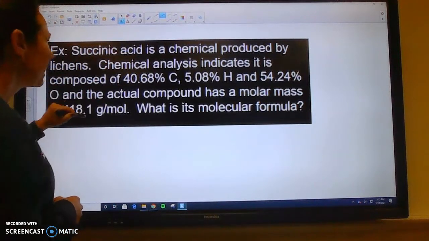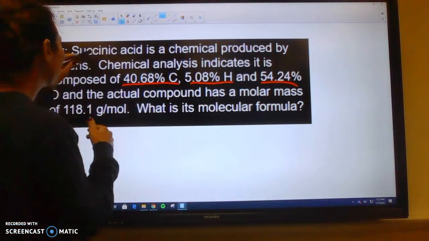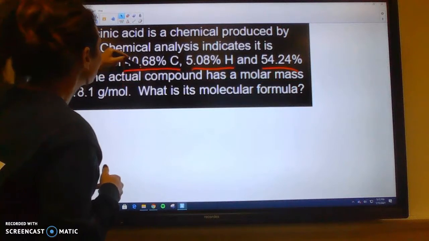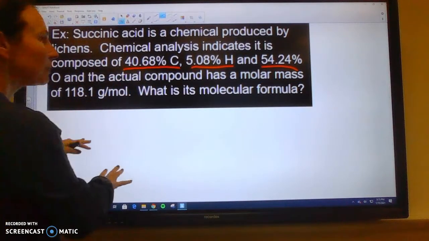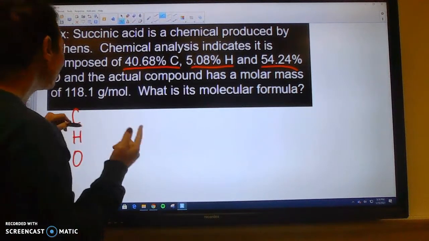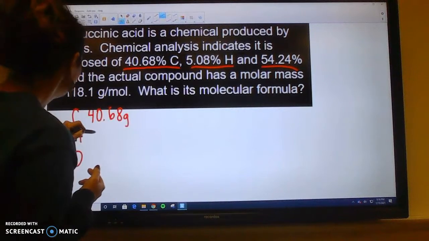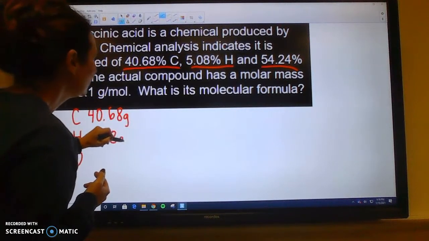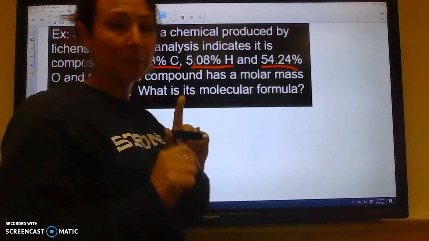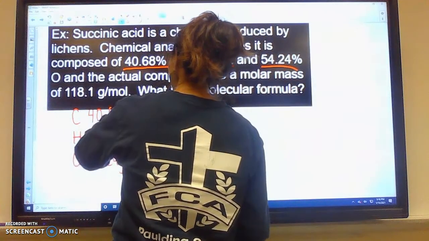So we have carbon, hydrogen, and oxygen. We're just going to set this up as an empirical formula problem, okay? So carbon, hydrogen, oxygen, and we're going to solve for each one. We're going to divide by the molar mass for each one.